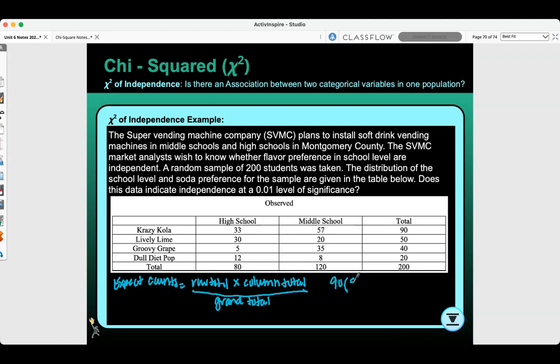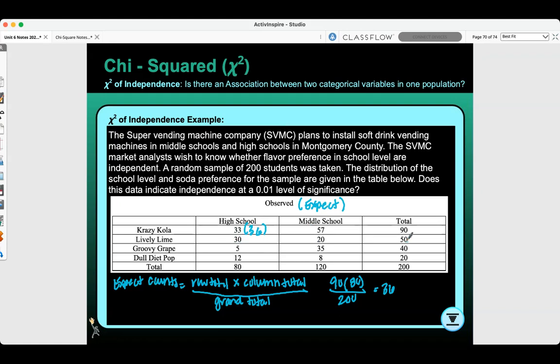High school is 80, so times 80, all over the grand total of 200, which would give me 36. So this would have an expected value of 36. And again, you need to state that expected is in parentheses. And you would go and do this for each one.